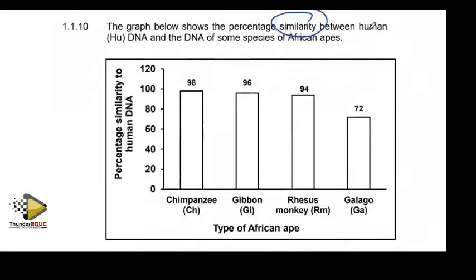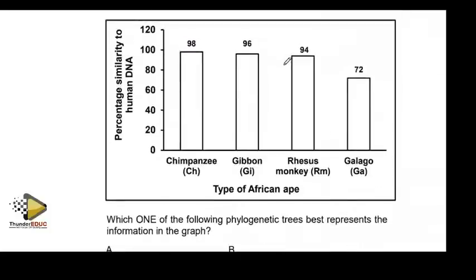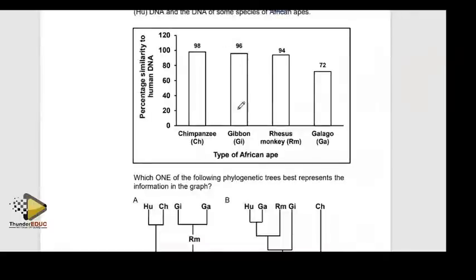Humans and the chimpanzee share 98% of DNA. Gibbon and the humans share 96% DNA. And the rhesus monkey, we share 94% DNA.